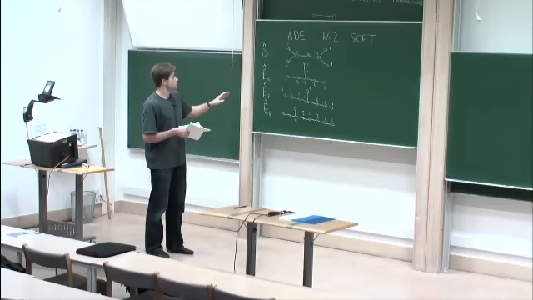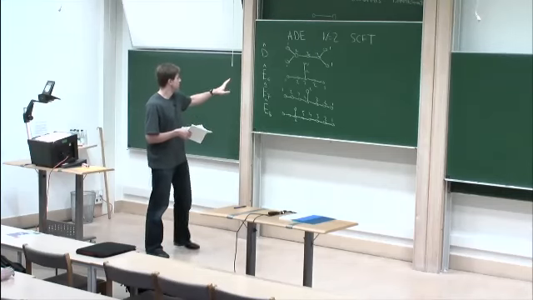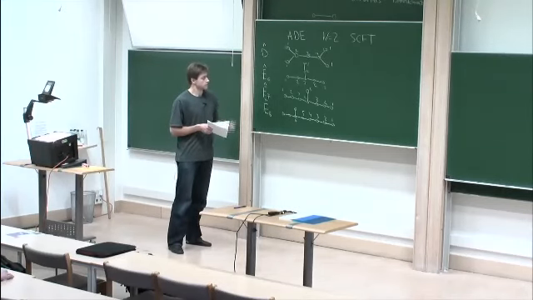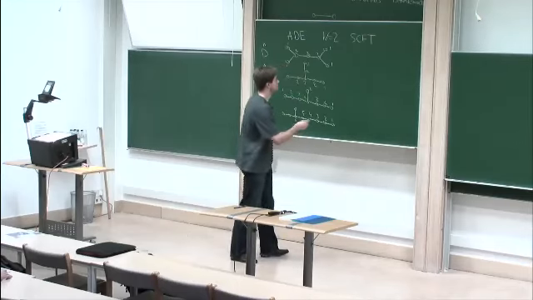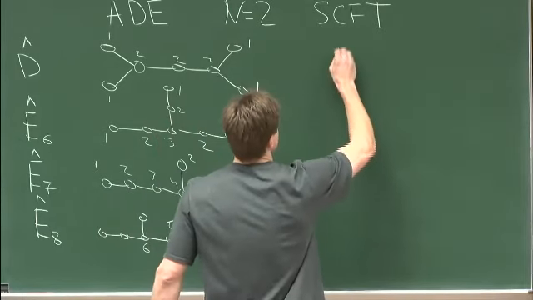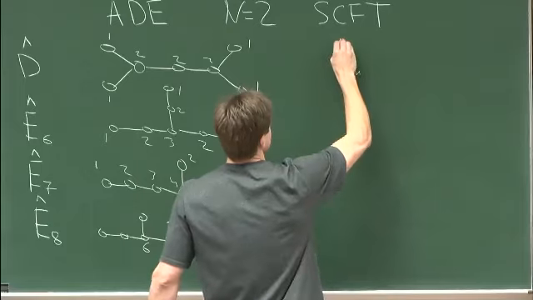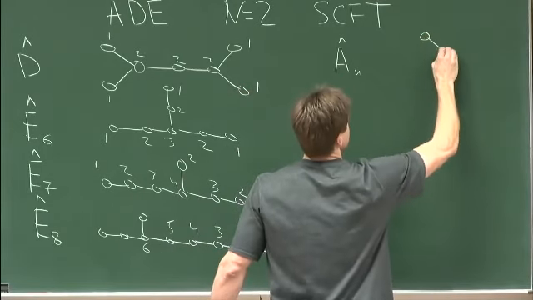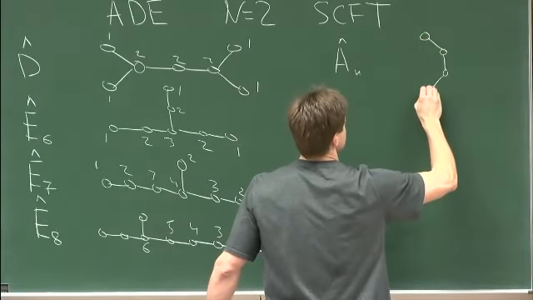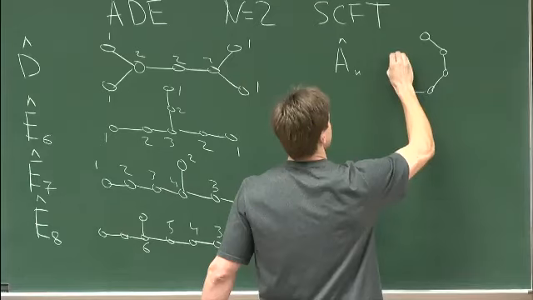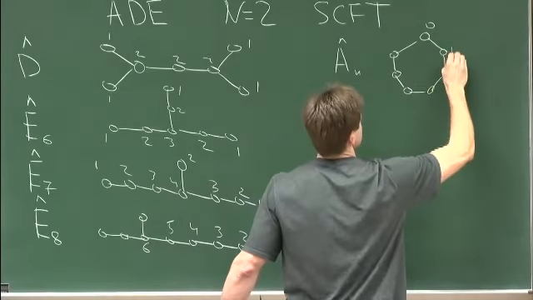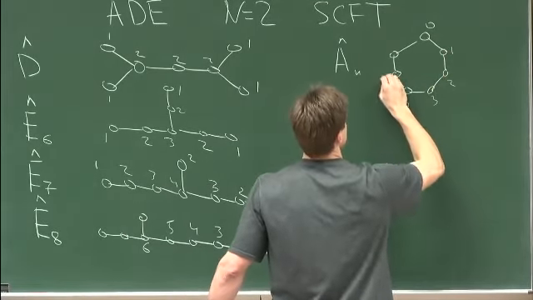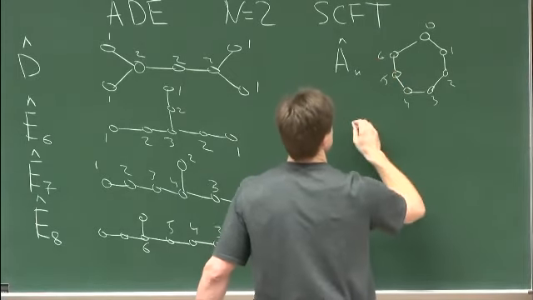So first I drew you separately the quivers which have a topology of a tree with no cycles, and a separate case stands for the A_N hat quivers, which look like a cycle. So this is an example of 0, 1, 2, 3, 4, 5, 6.